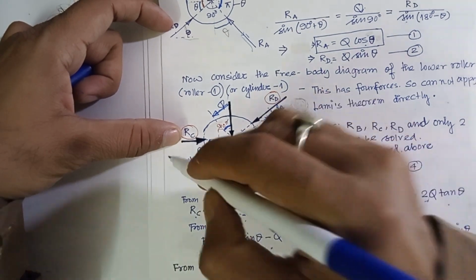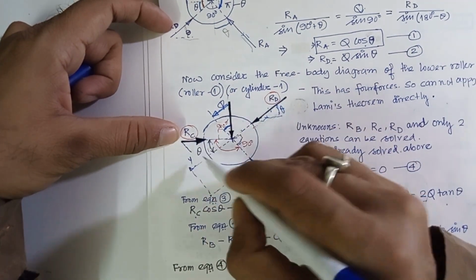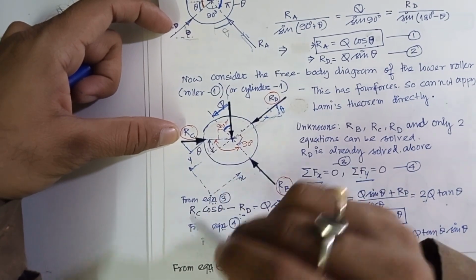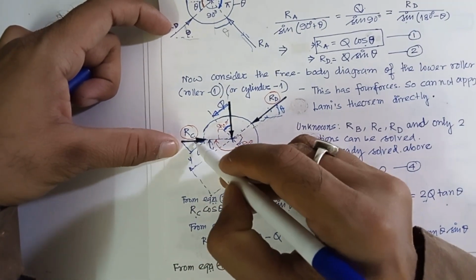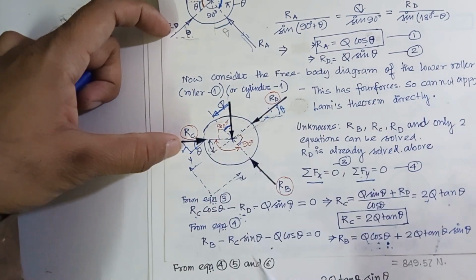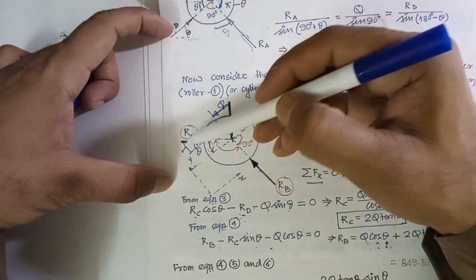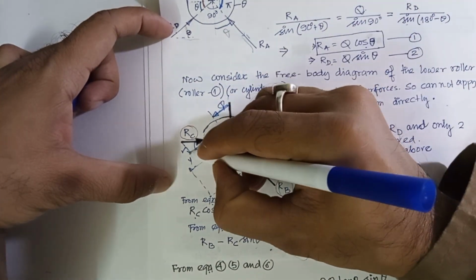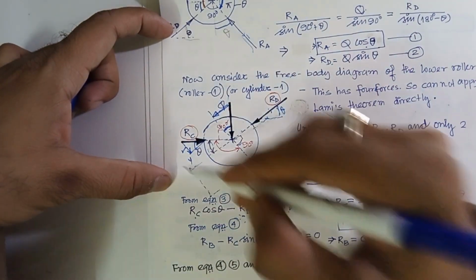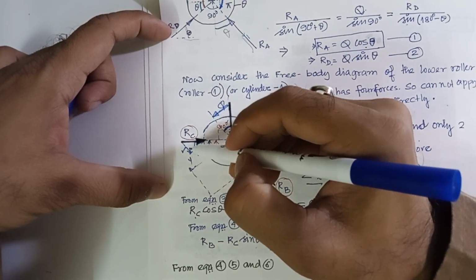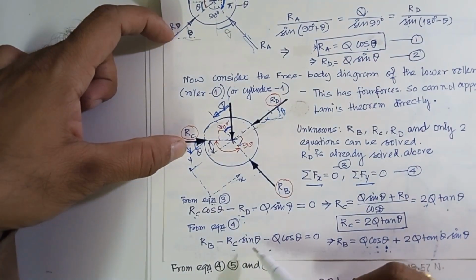It is this one, in the negative y direction. So what is that? This is theta, therefore this is RC sin theta, in this negative direction. So RC sin theta.